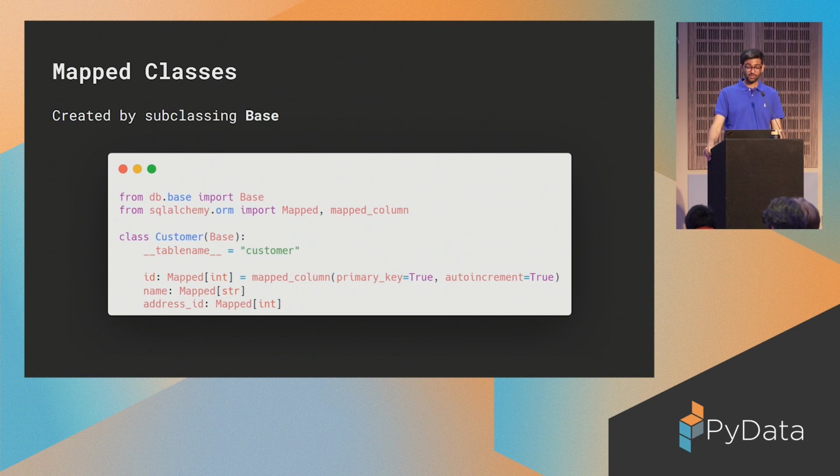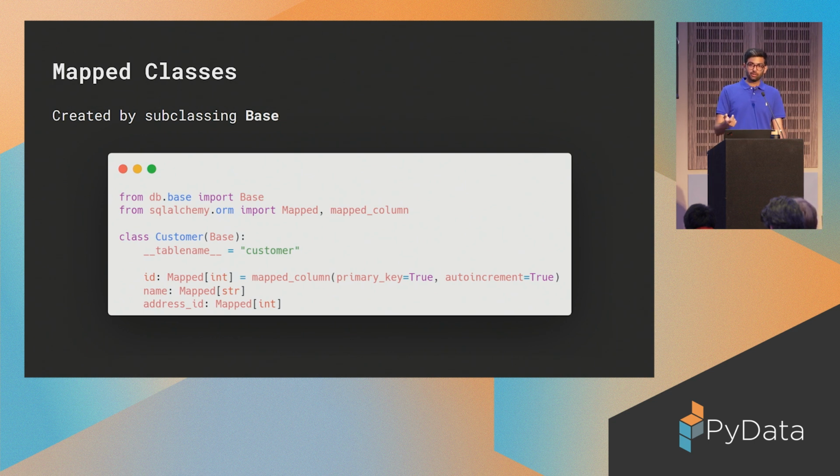Now we have 3 different columns in our table, so we'll have 3 different class variables, namely the ID, name, and the address ID. That's the name of the column name as well. So we have used the same name for the class variable and the column name.